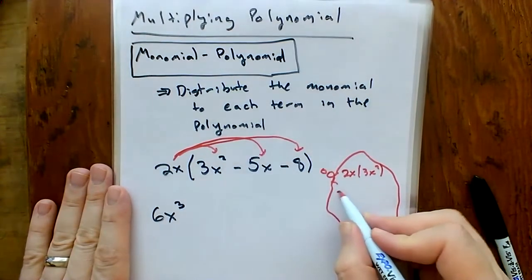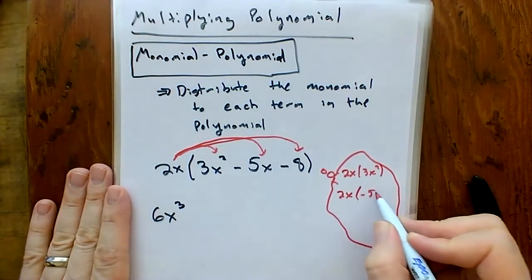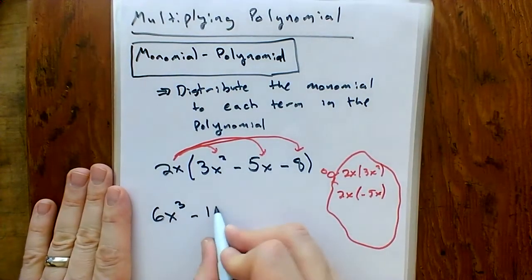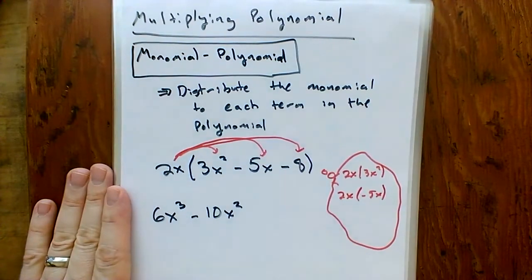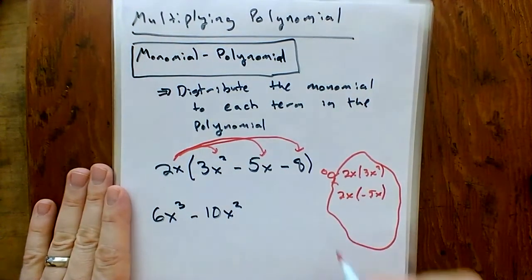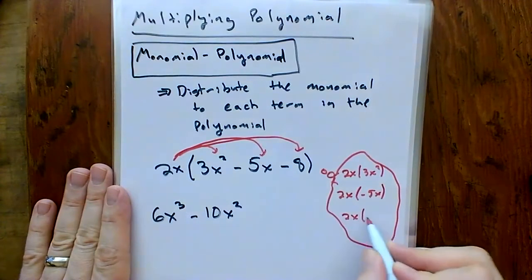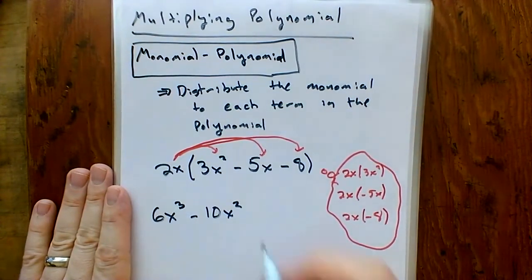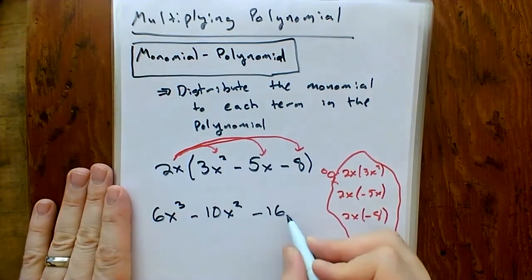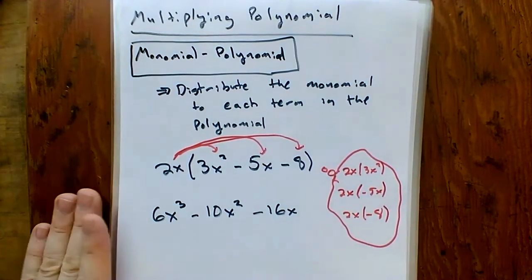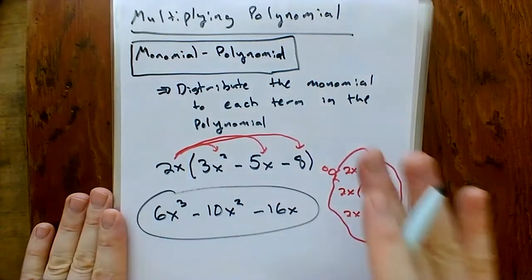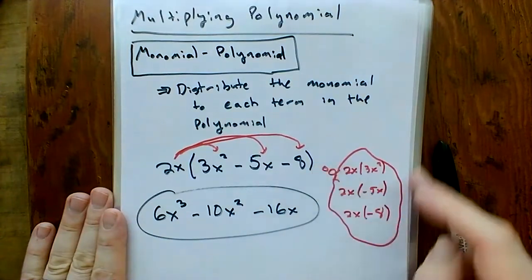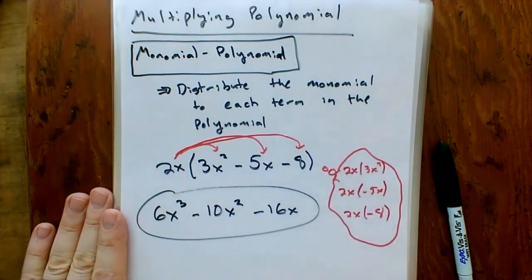Then I've got 2x times minus 5x. 2x times minus 5x is minus 10x squared. And then we have 2x times minus 8. 2x times minus 8 is minus 16x. So we're done right there. So you don't need to show all of this work. This is more of our thought process.